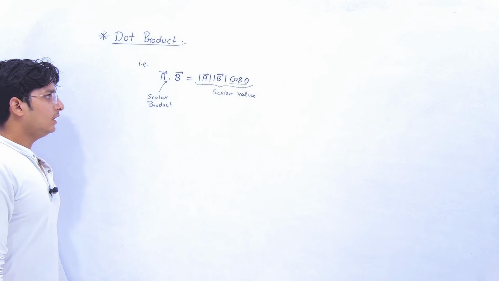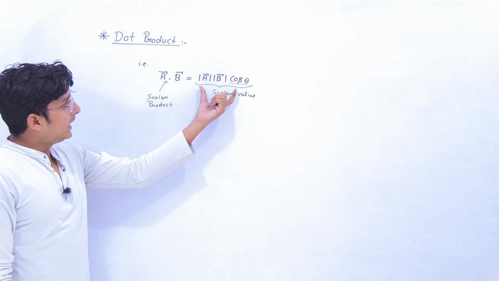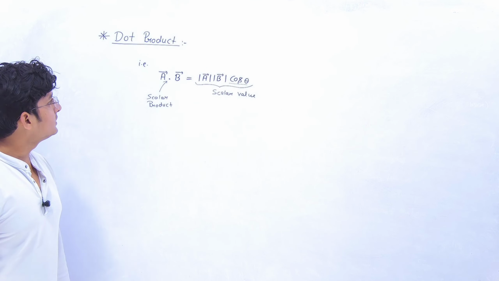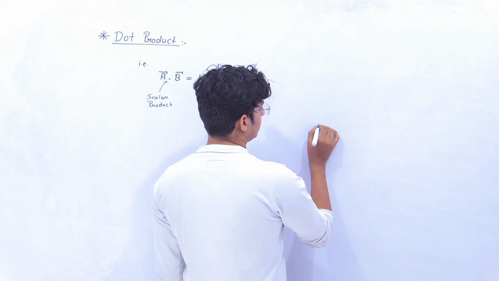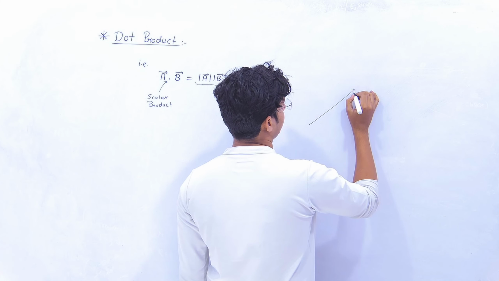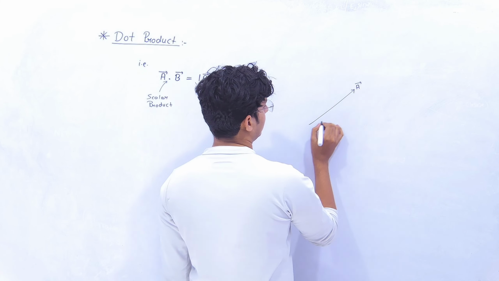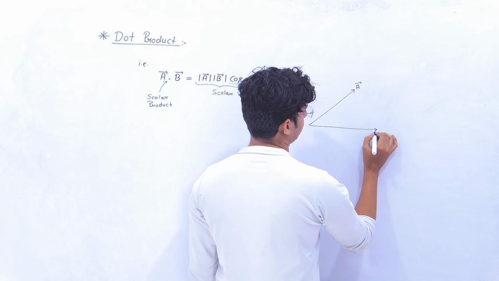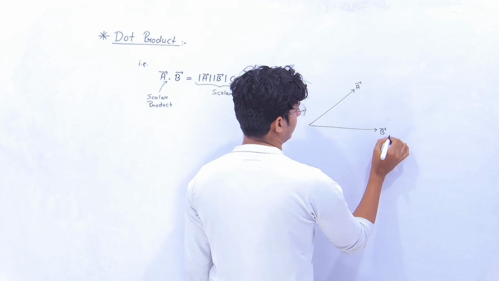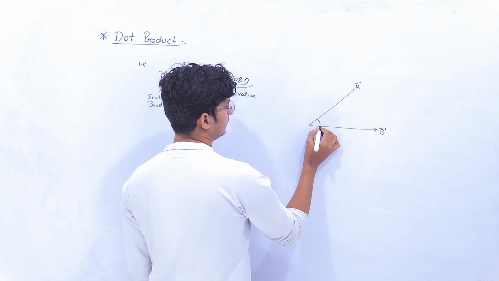Now, how do we get that formula, and what is the physical meaning of the dot product of two vectors? Let's discuss this. I draw two vectors. Suppose this is a vector and this is b vector at some angle theta.